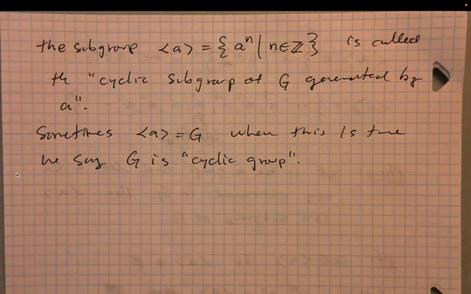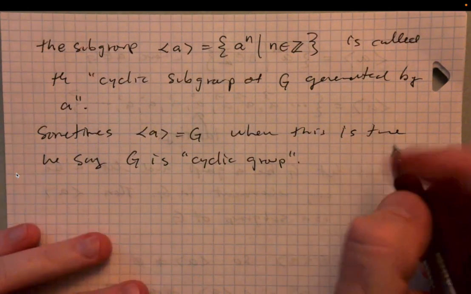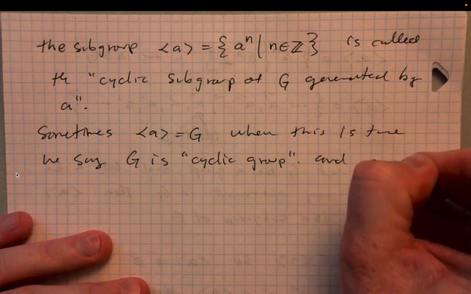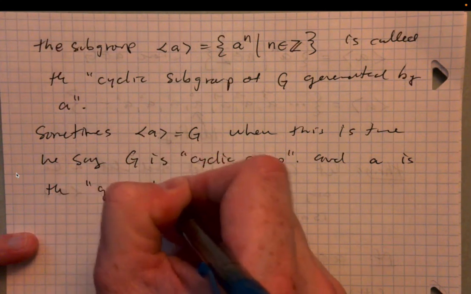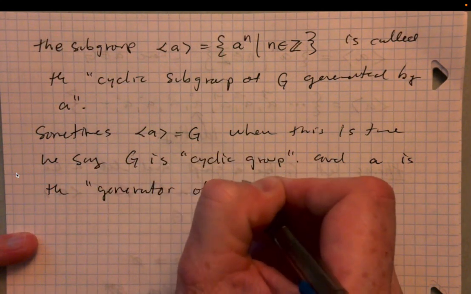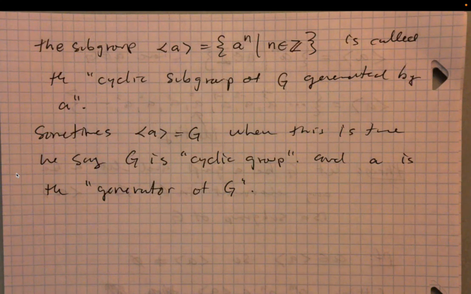And we'll talk about that in the next section a lot. And in this case, when G is a cyclic group and A is what generates G, we call A the generator. It's the generator of G. Okay, so just a little bit of terminology. We'll use some of this in the next lecture in particular.